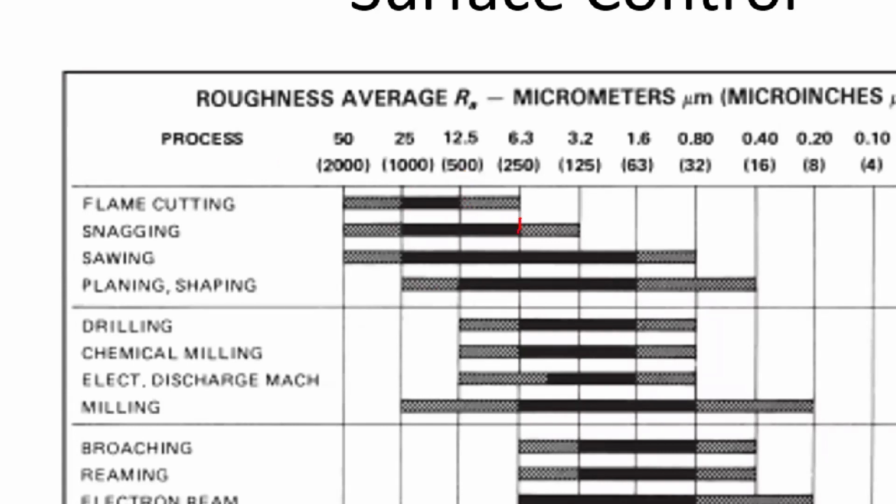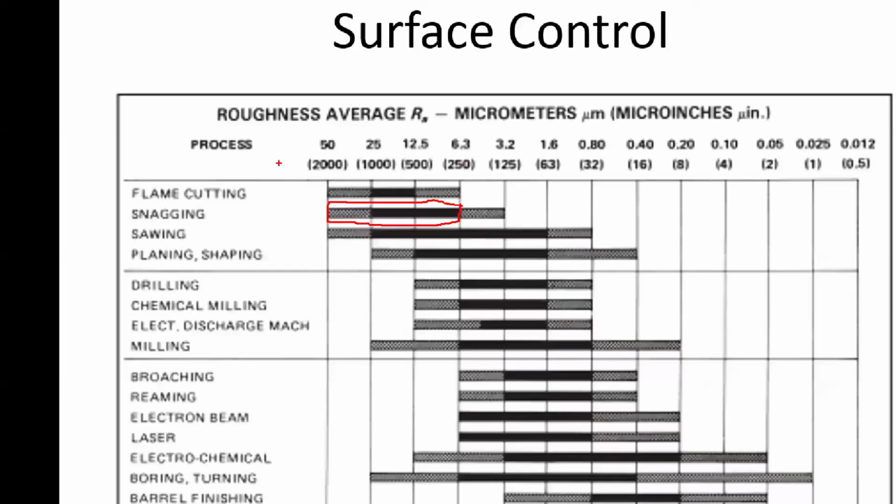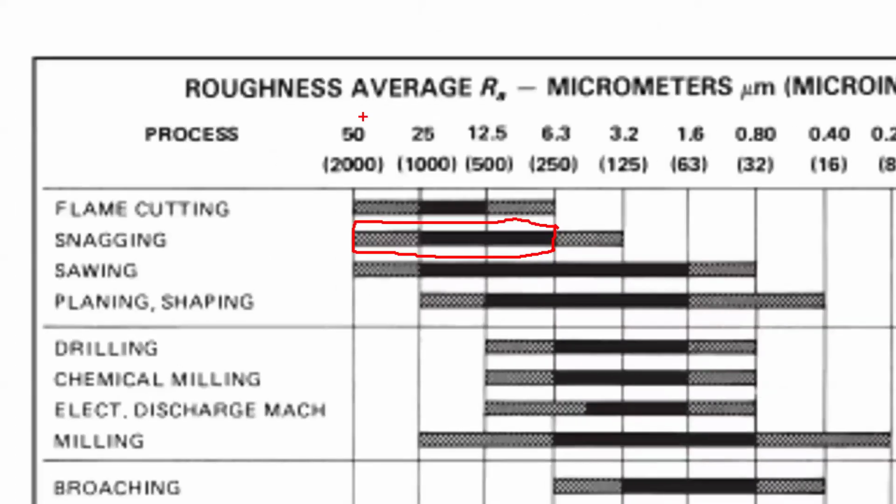The average person running a saw can probably achieve a surface texture within this range right here, up to 250 micro inches, 6.3 microns. So pretty coarse, but the average person can saw within that range without any issues on a regular saw.